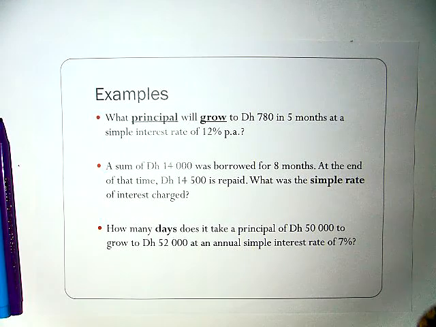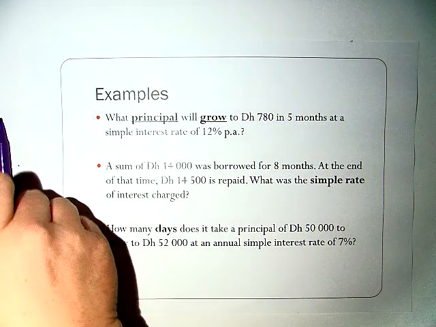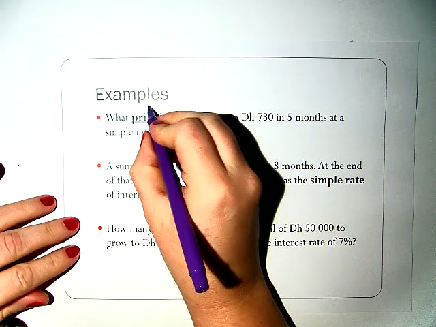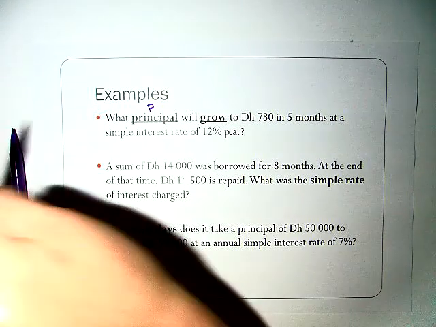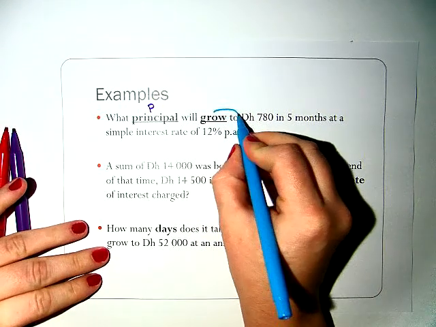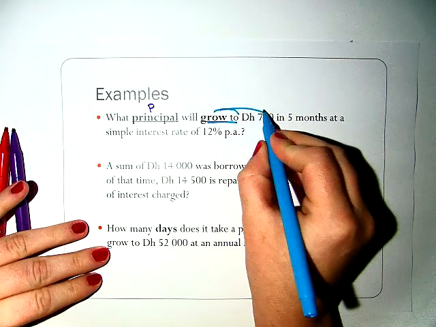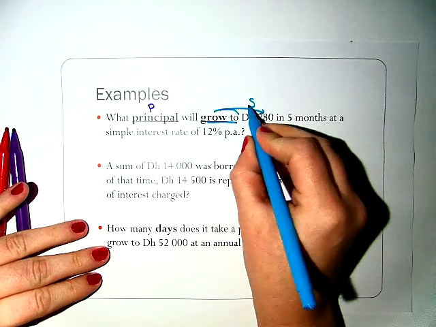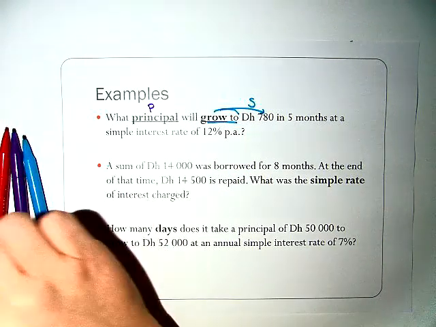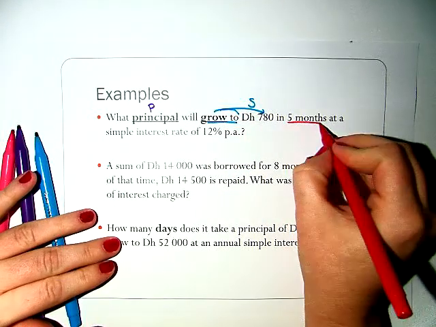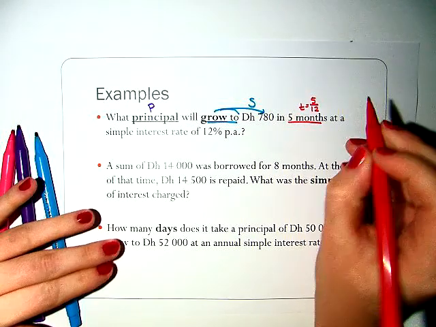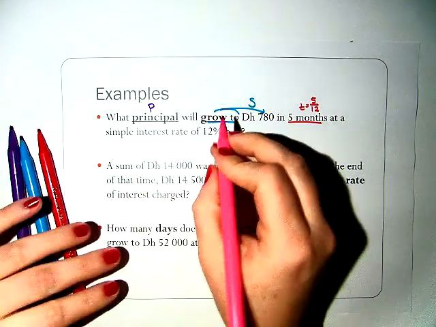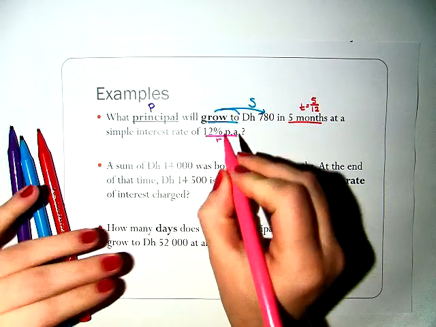So let's look at this. What principal, so we're looking for P, will grow to 780? So when we say grow to, that means that this right here is our maturity amount in 5 months. So 5 months is our time, but we're going to write it as 5 over 12 at a simple interest rate of 12% annual.